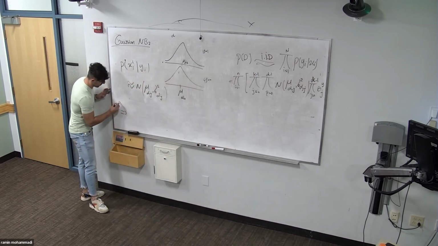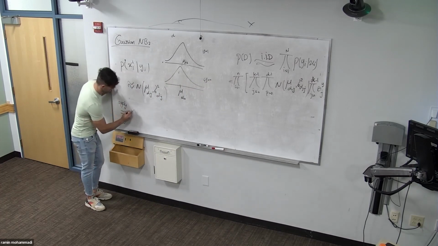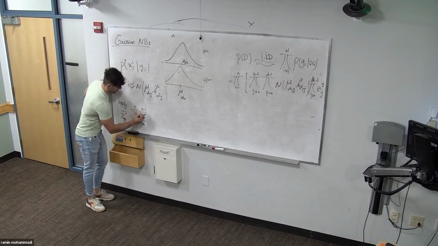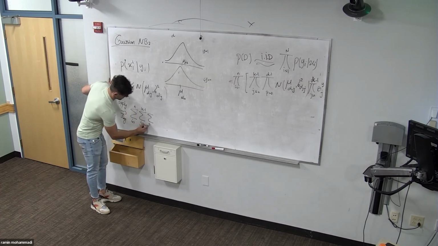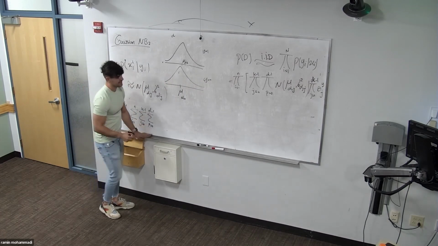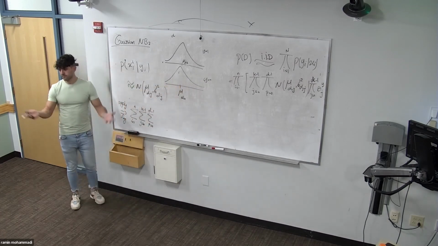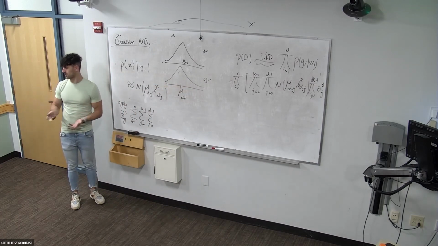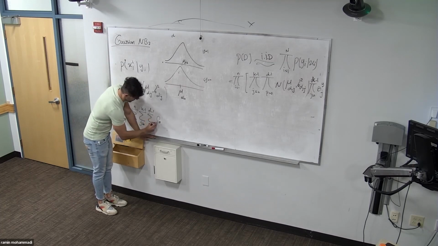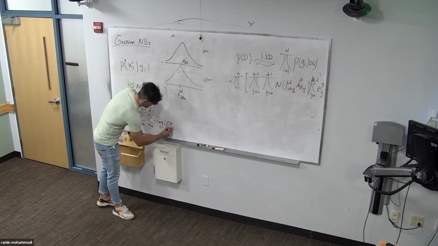I apply log. Now, that's a Gaussian, right? By now you know it should be easy to apply log to a Gaussian. So it becomes minus log of 2 pi sigma e j over 1 over 2.